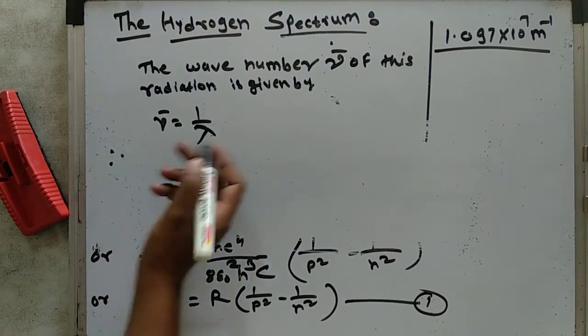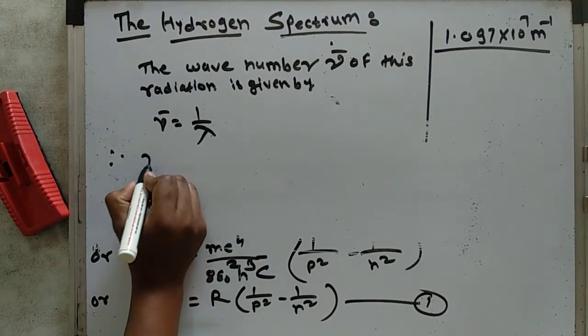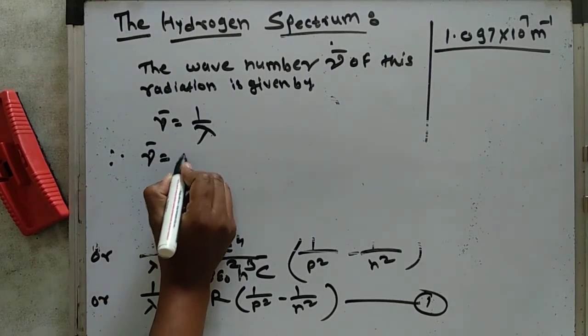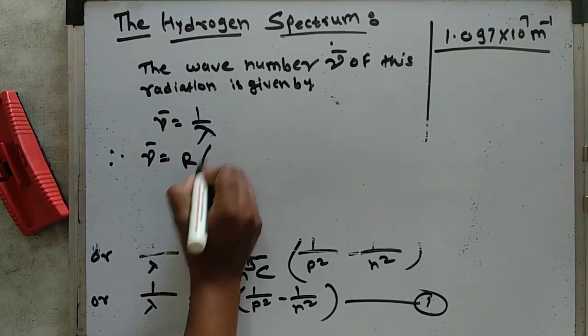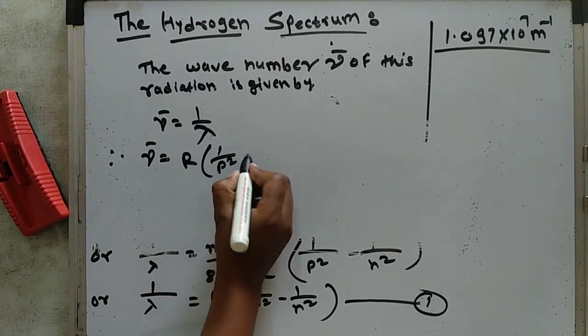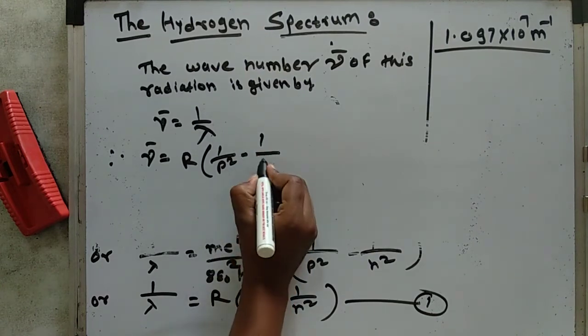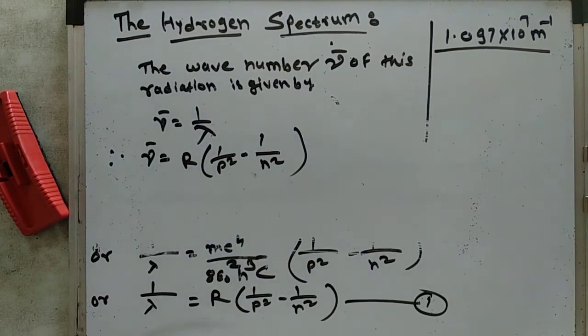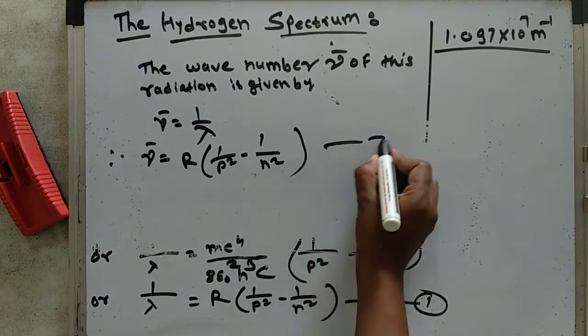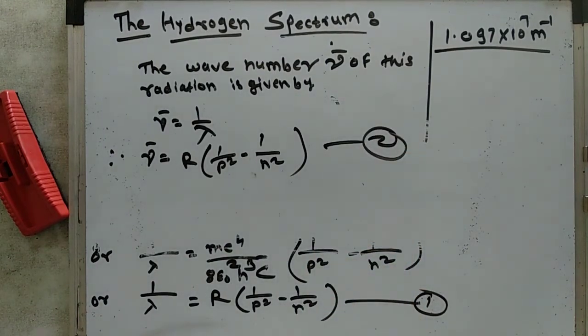So write here 1 upon lambda's value: nu bar equals R into 1 upon p square minus 1 upon n square. Okay, equation number second.